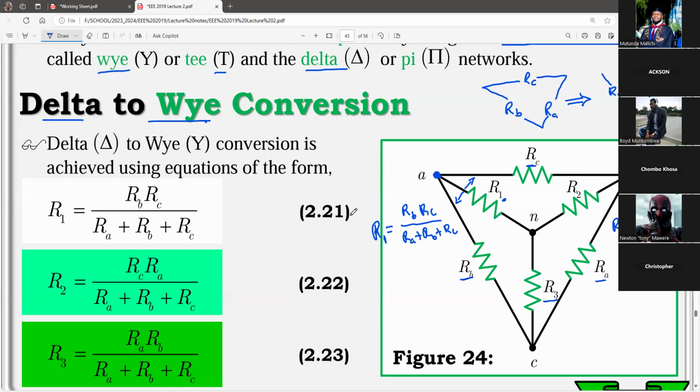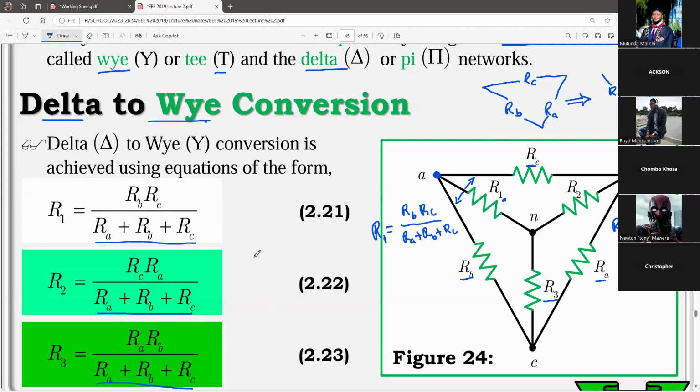Yes, sir. It's clear, sir. Okay. So first things first, just determine the total sum of those resistors in series so that you have a common denominator, because I'm sure you can see from equations 21, 22, 23, the denominator is the same. What is different is the numerator. Okay?